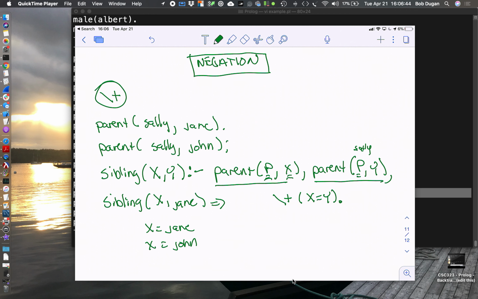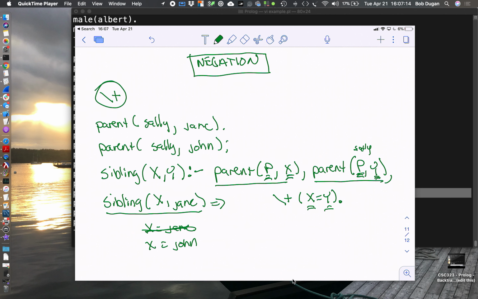So now I'm saying P is the parent of X, and then P is the parent of some other Y, and X and Y can't be the same. So that will avoid the X equals Jane when we do this particular sibling query. So that's pretty nice.